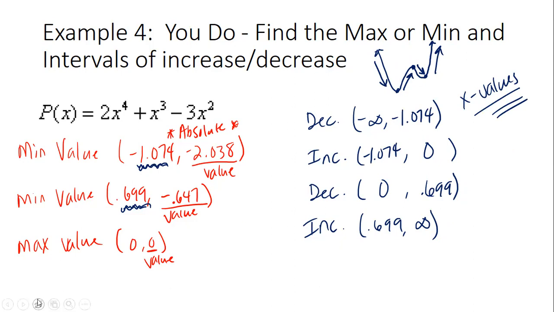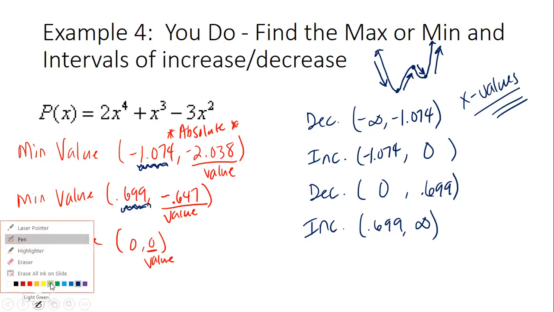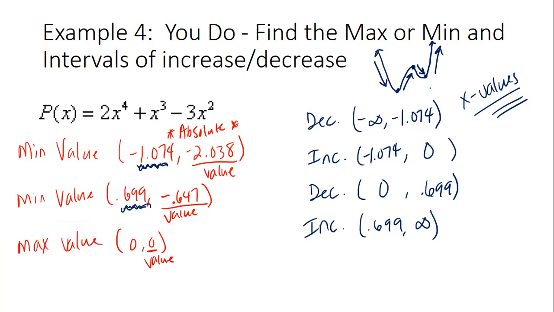The other thing is that these can be written in interval notation, or in inequality notation. So this is saying I am decreasing when my x values are less than -1.74. This is saying I am increasing from -1.74 to 0.